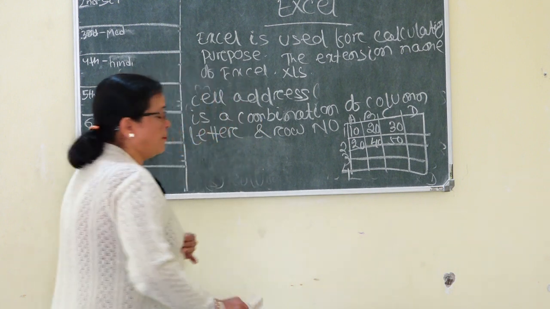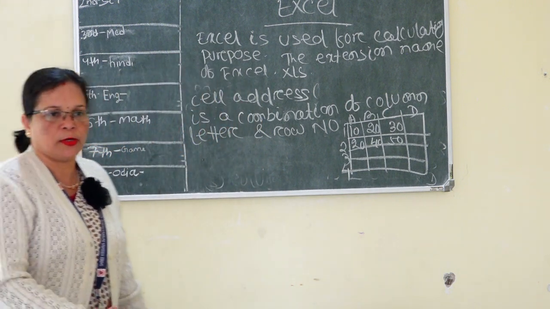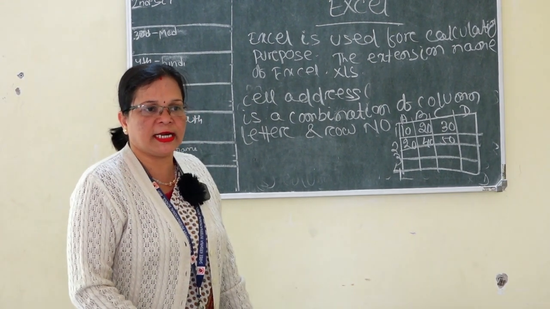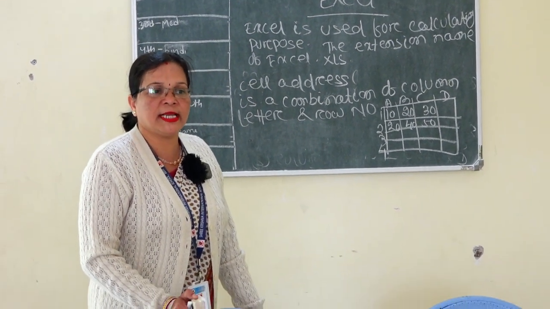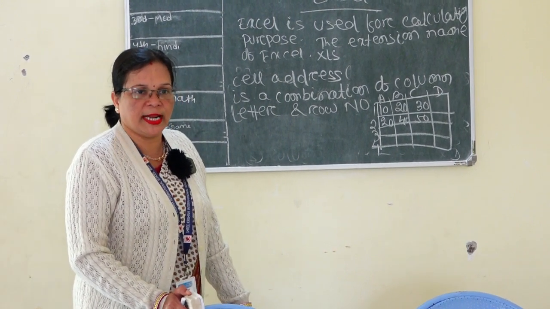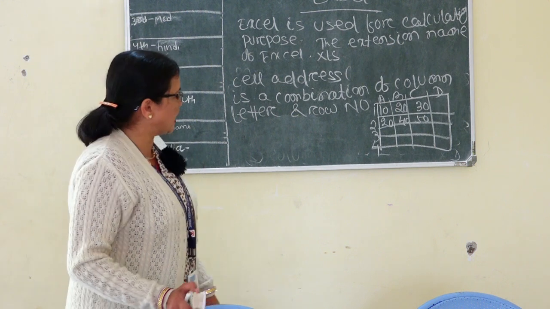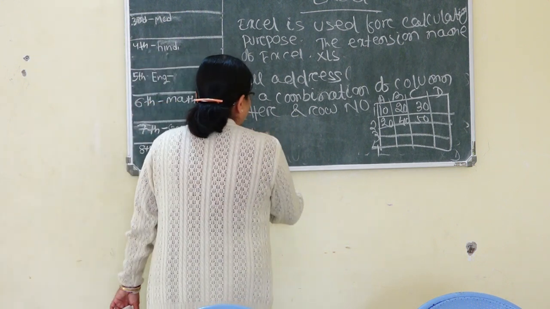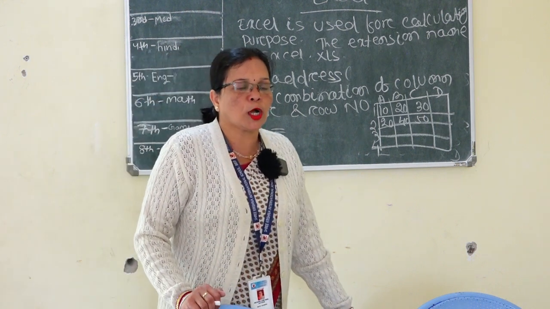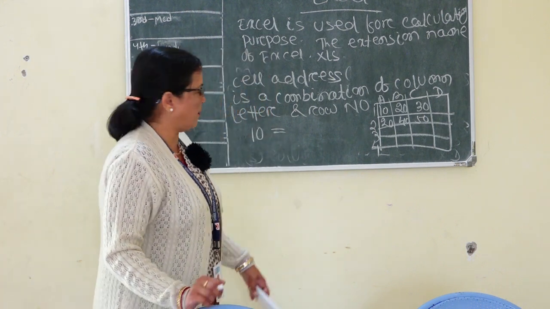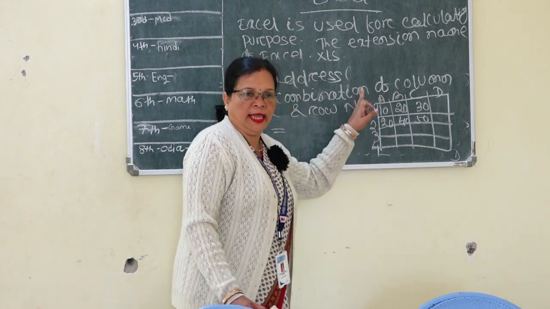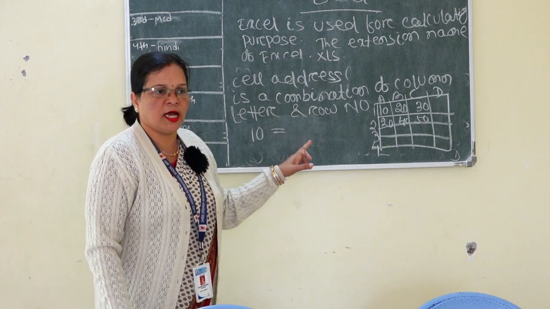In MS Excel, the computer doesn't understand what is 10 and what is 20, but it understands the cell address of 10 and 20. So tell me what is the cell address of 10, because cell address means it is a combination of column letter and row number. So what is the cell address of 10? A1. A is the column and 1 is the row.